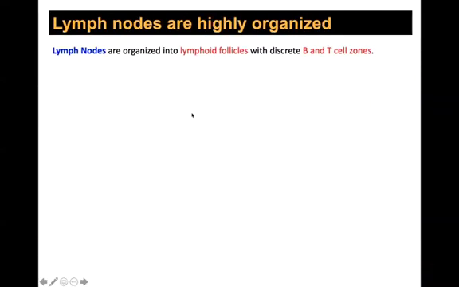Now, lymph nodes are highly organized structures, and they're organized into basically three zones. You have the cortical region, paracortical region, and the medullary sinus. The lymph nodes are organized into follicles, sometimes called trabeculae, which are basically just sectioning out that lymph node.